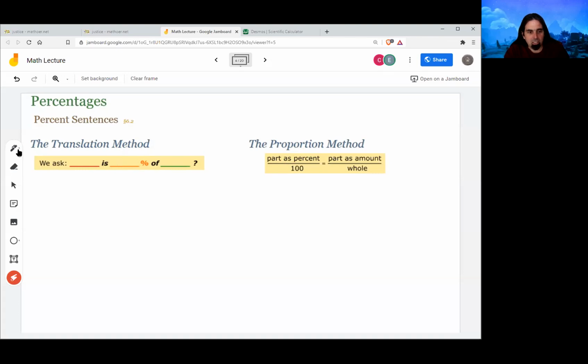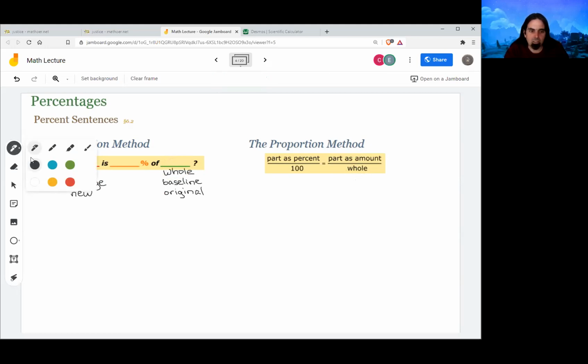Then when you have the blanks, this one is always going to be your part or your change or your new amount. And this one is going to be your whole or your original or your baseline, whatever you're comparing things to. So the part goes on top on that side, and the whole goes on the bottom on the other side.